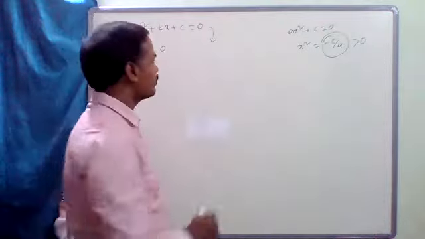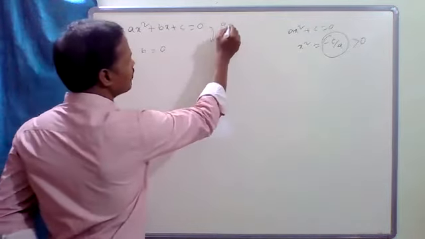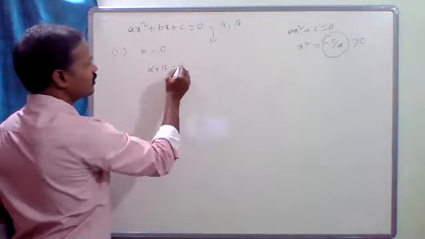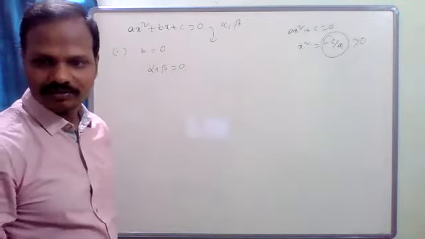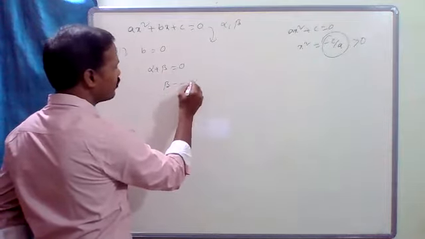So b equal 0 means sum of the roots is 0. Suppose the roots are alpha, beta, then the sum of the roots alpha plus beta equal to 0. So beta equal to minus alpha.